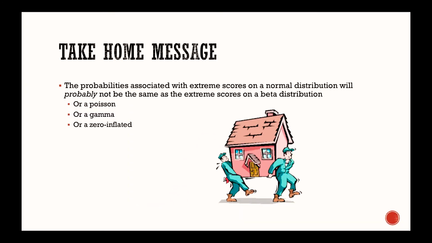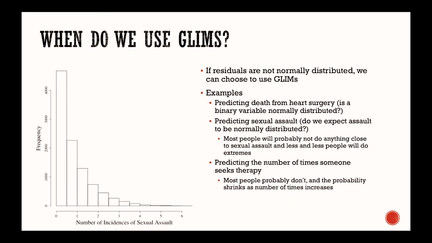So take-home message, the probability associated with extreme scores on a normal will probably not be the same as extreme scores on a beta distribution, or a poisson, or a gamma, or a zero-inflated, etc., etc., etc. So when you use GLMs, we use them if the residuals are not normally distributed. Instead, we want to use GLMs, or generalized linear models.